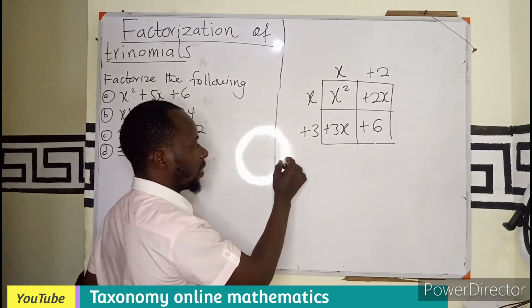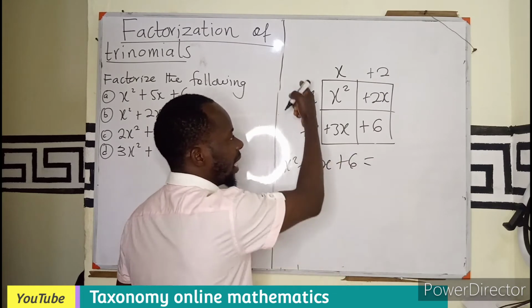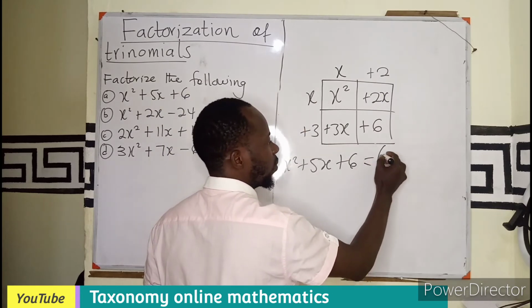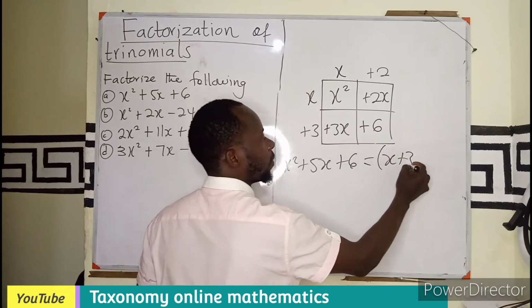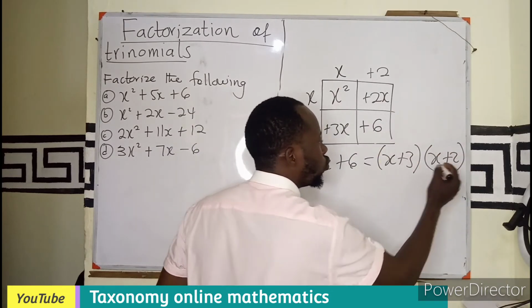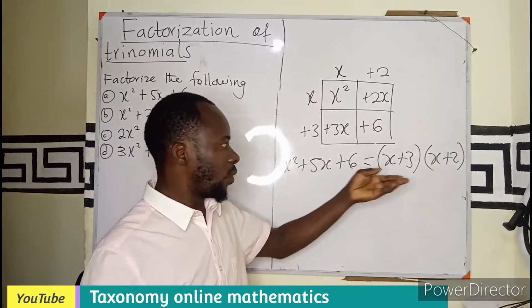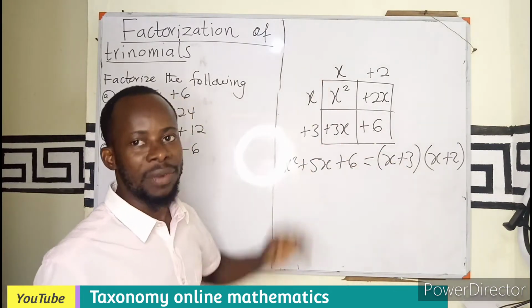So to factorize x squared plus 5x plus 6, the answer is: the first factor is x plus 3, then the second factor is x plus 2. That is the factorization. So from here we get this from our grid.